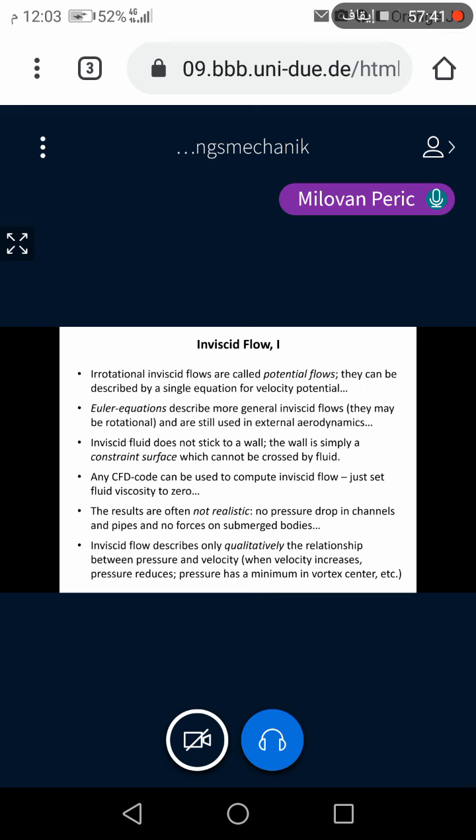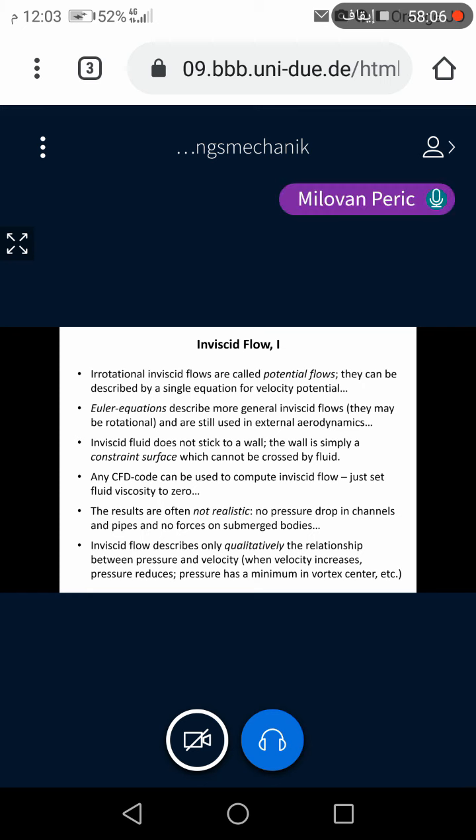Now, inviscid flow doesn't stick to the wall, so at the wall there is a slip condition because of the missing viscosity, and the only thing that the wall does is act as a constraining surface. So it means the flow must be parallel to the wall. It cannot cross the wall, but there is no friction and no boundary layer there.